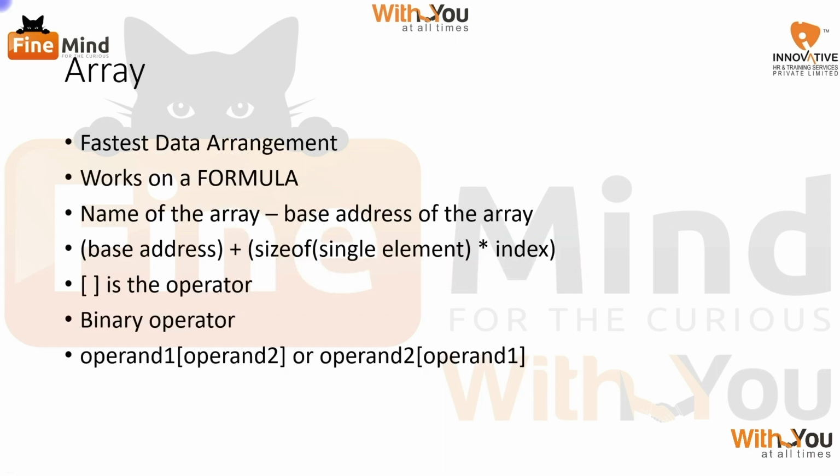Good. We have used both dynamic memory allocation as well as simple arrays. Why is it that the entire industry is running behind arrays? Because that is the fastest way of picking up data from the memory.